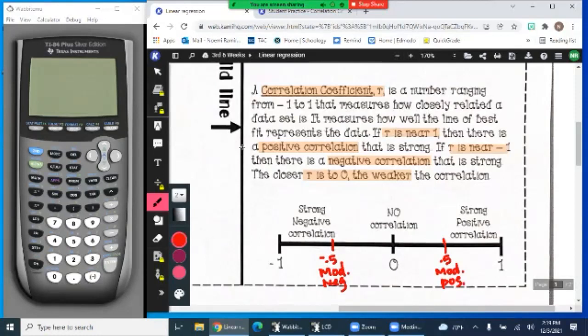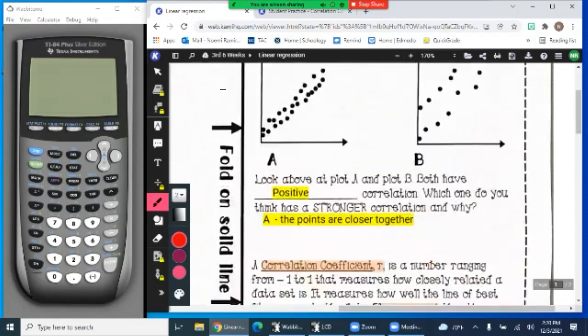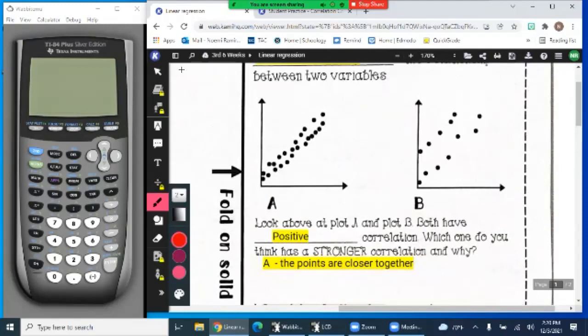There's one more category. What category is that? It's already there in black and white. You've got strong, moderate, and weak. Good.